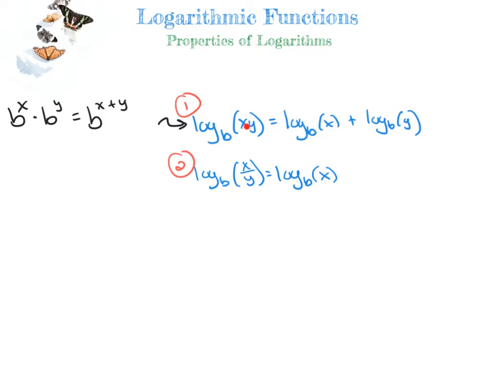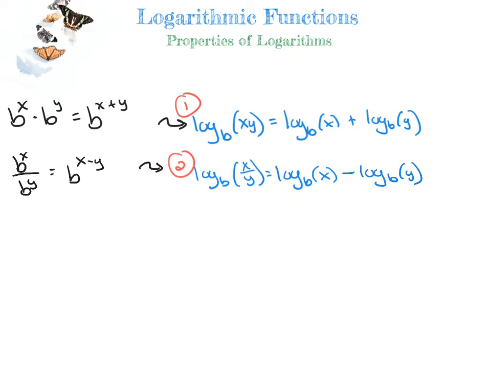When we multiply the two parts of the argument of a log, the things inside a log, together, that means we add the two logs. Then when we're dividing two parts inside a logarithm, we're going to subtract these two logs. So log base b of x minus log base b of y. And that would correspond to the rule from exponents: b to the x divided by b to the y is b to the x minus y.